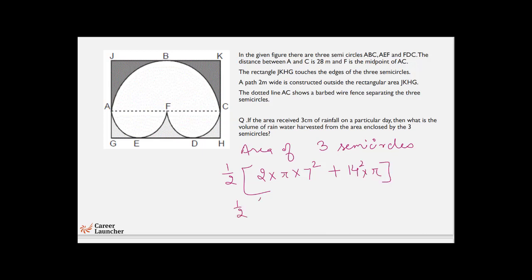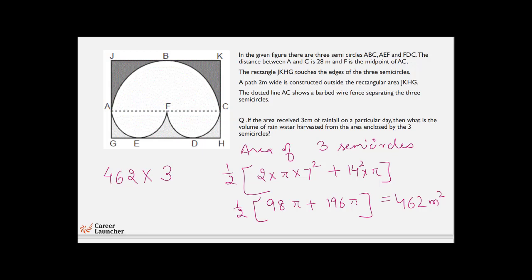This comes out to be, when we put the value of pi, around 462 meter square. Now this is the area enclosed by the 3 semicircles. We want to calculate the amount of rainfall received by this particular area. So that would be 462 meter square area into 3.